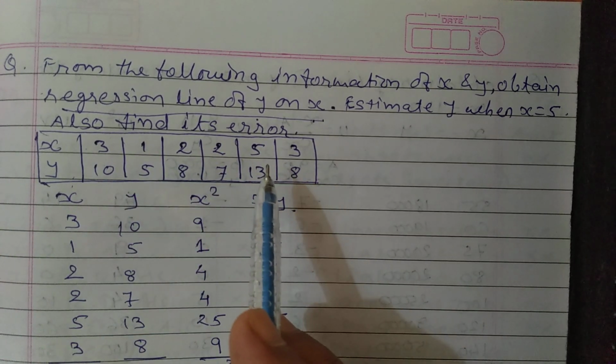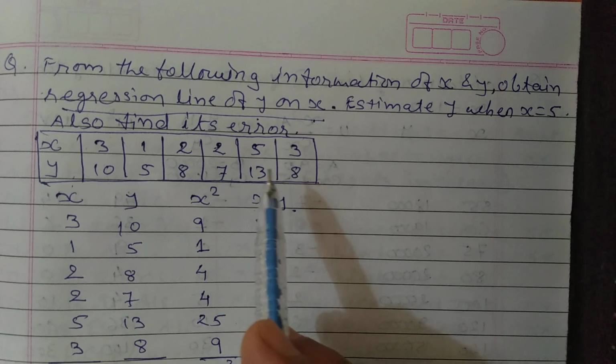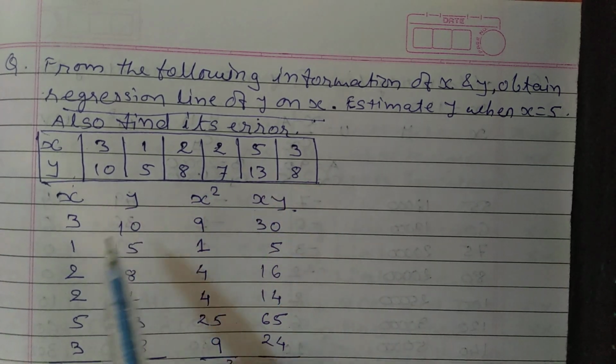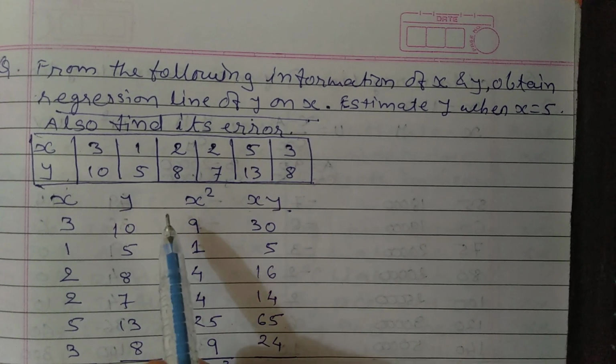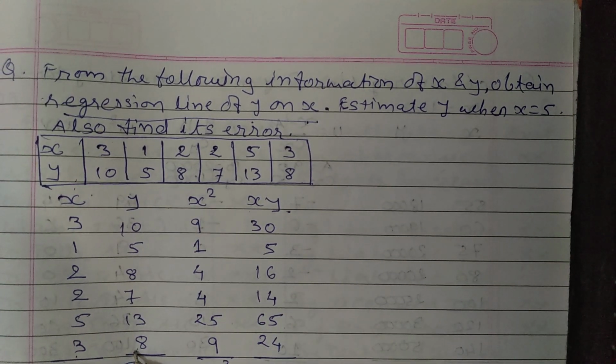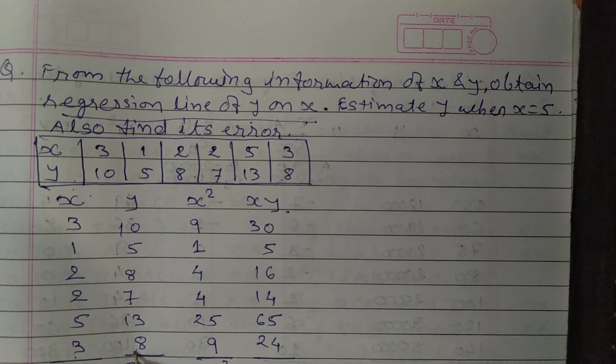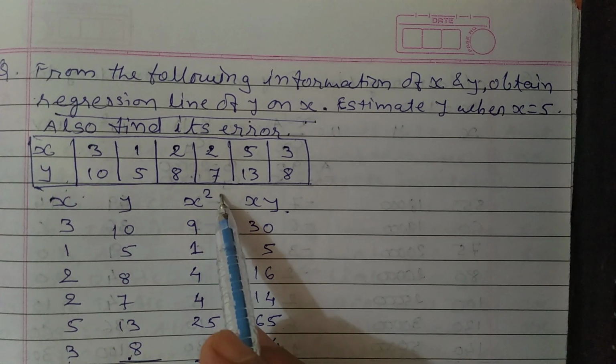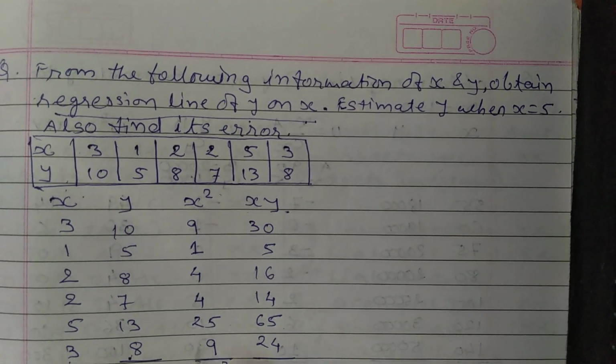These are simple, small values which can be squared easily. We are using the same formulas. First of all, x and y. In our formula, we are not going to use n sigma y square, so you are not supposed to prepare a column of y square here.